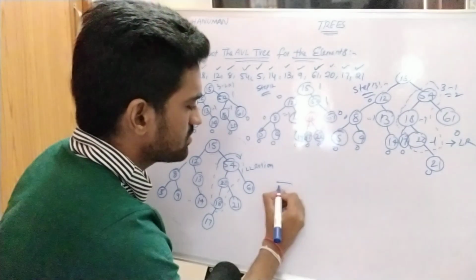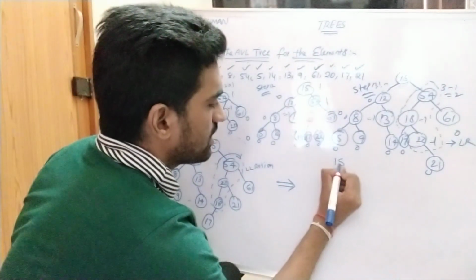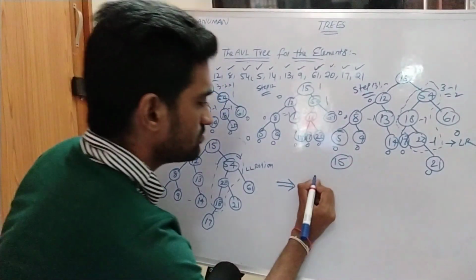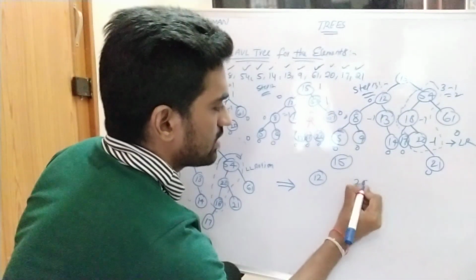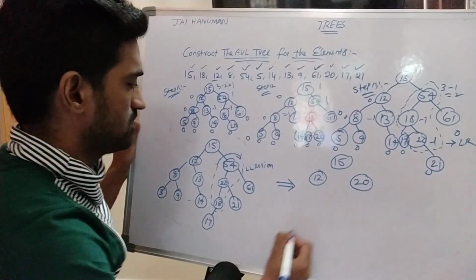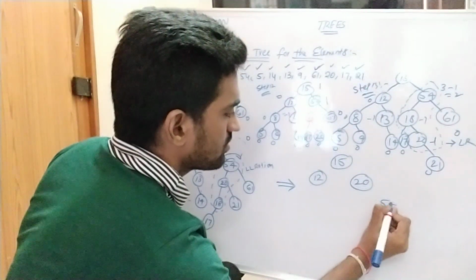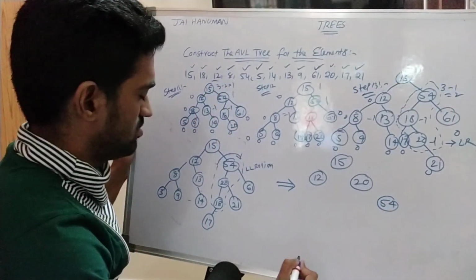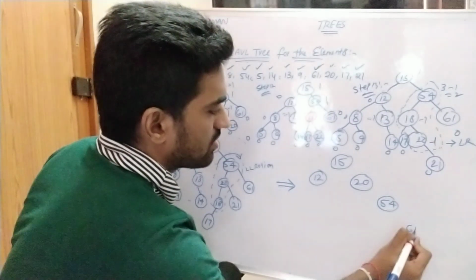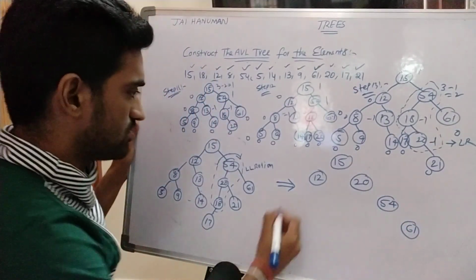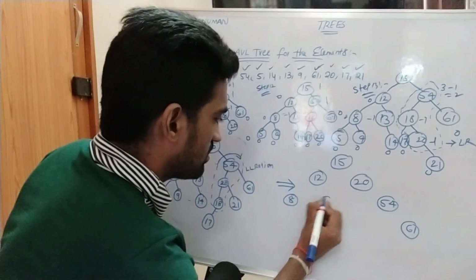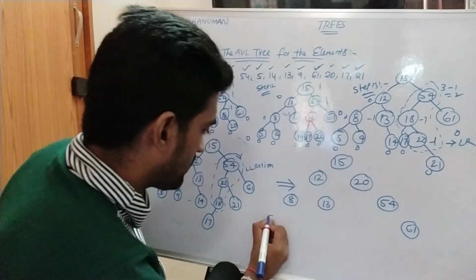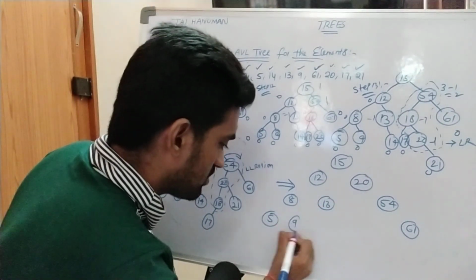Now the tree becomes 15, 12, 20, 54, 61. So this tree is the same, 8, 13, 5, 9.